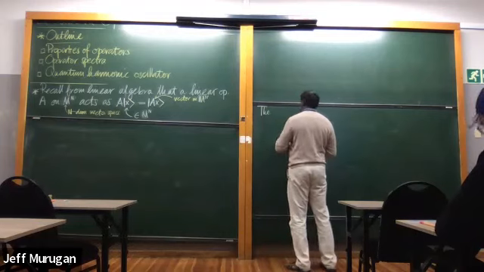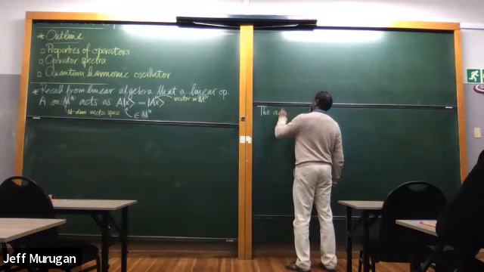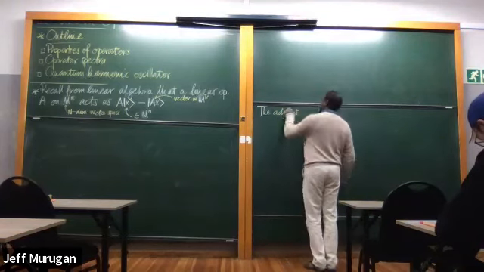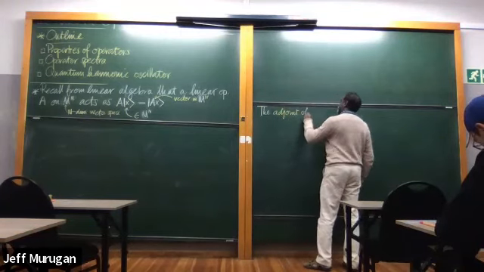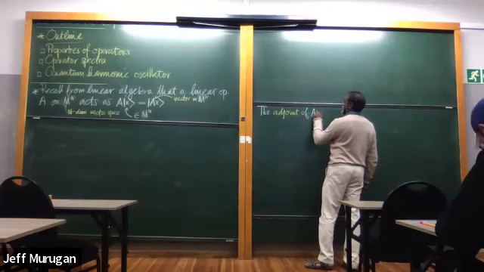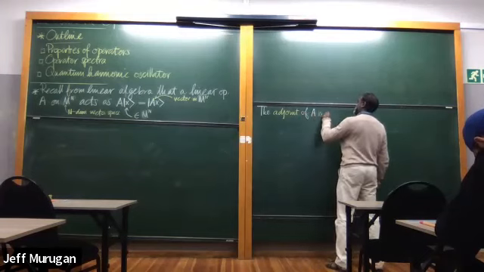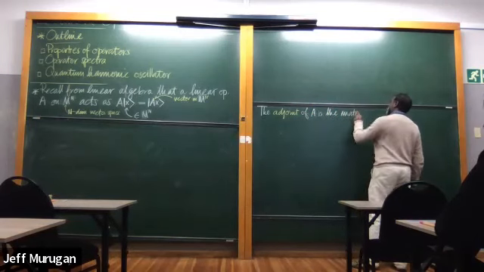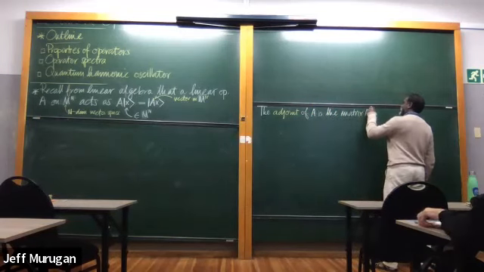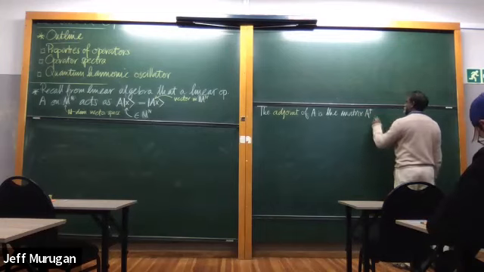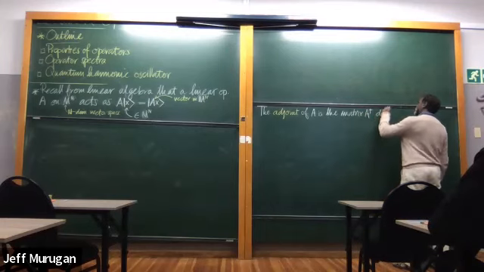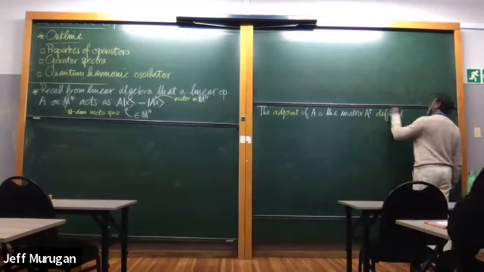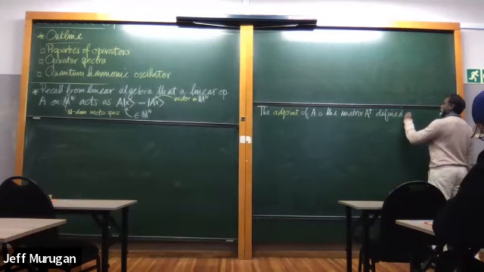So the adjoint of A is the matrix A dagger, defined the following way.